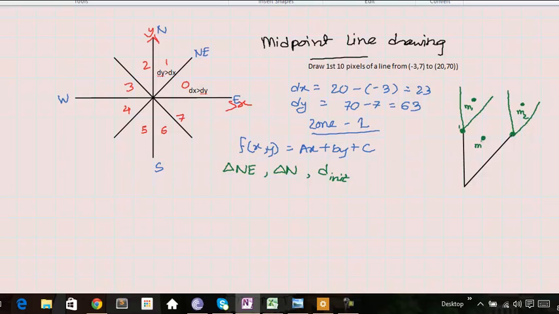As you can see, this is north, this is northeast. To find del N, we subtract the function fm1 minus fm. fm1 is this and fm is this.